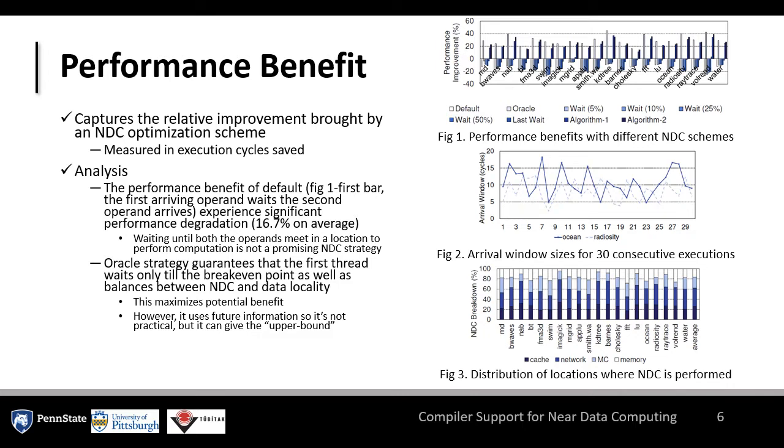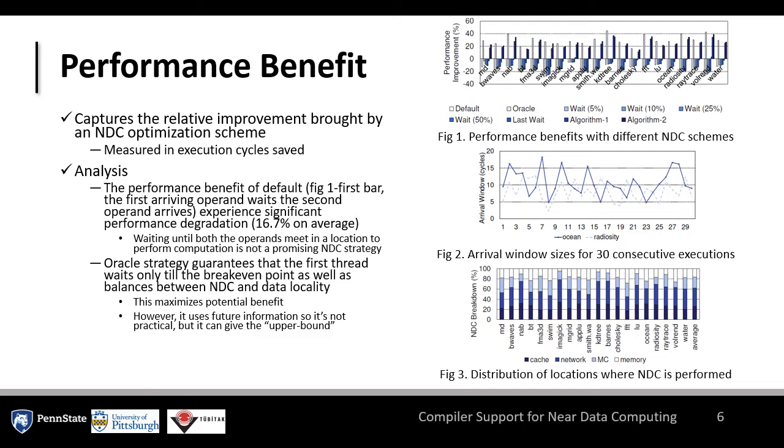And if the second one doesn't come at all, then you actually revert back to conventional computation. Whereas wait 5, 10, 25, and 50 correspond to cases where we wait a certain fraction of the overall arrival window.